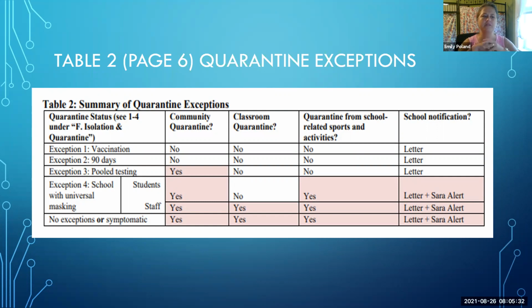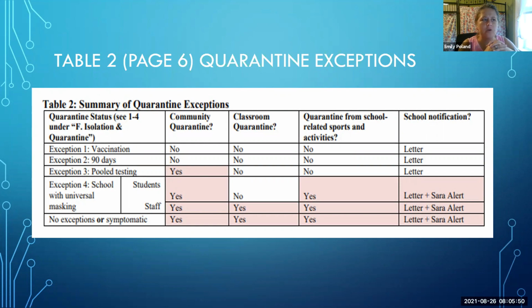Okay, I have a couple more things about details about community and sports as far as contact tracing. We know that there are a lot of community programs, so rec programs, that are closely linked with the school.